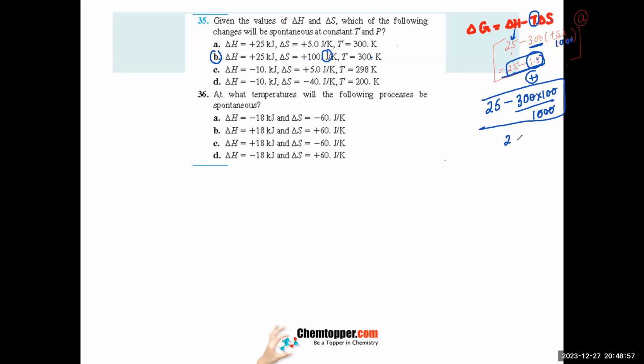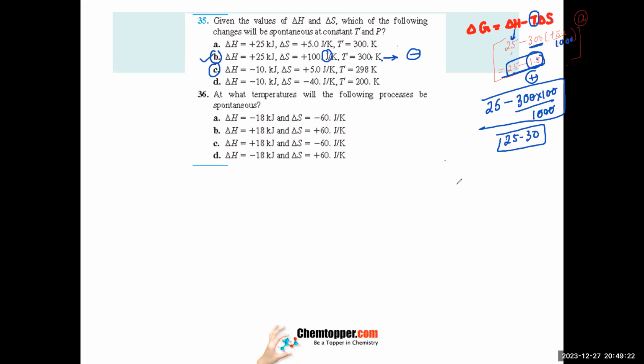I'm getting 25 minus 30. So the answer is negative. So this process is spontaneous. B process is spontaneous. Let's check the C process.